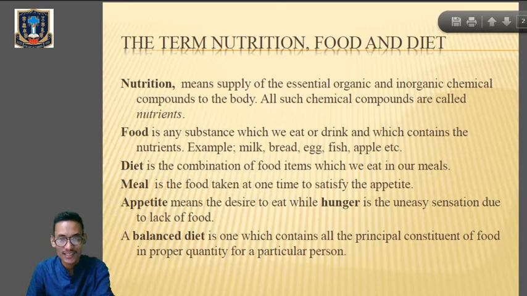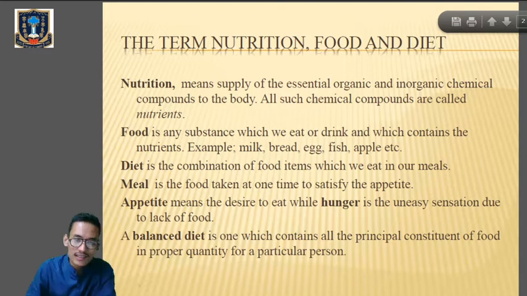And what is meal? It is the food taken at one time to satisfy our appetite. And what is appetite? It means the desire to eat, while there will be dizziness during hunger, due to lack of food.